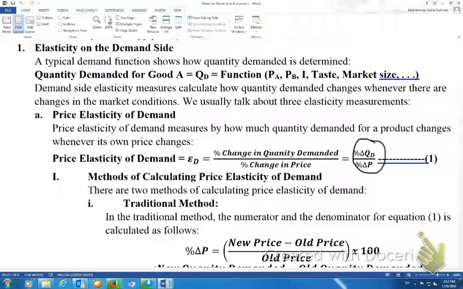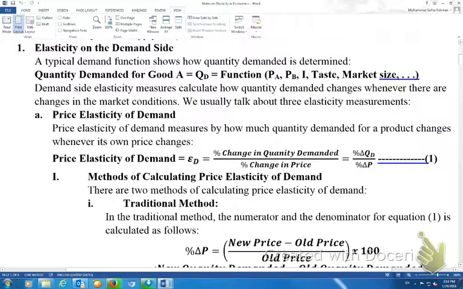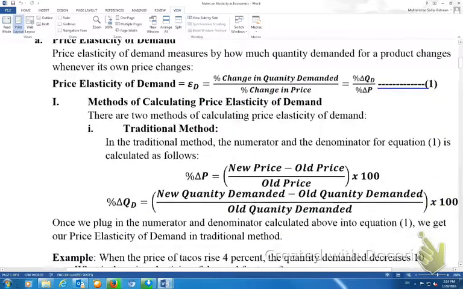So we have basically two ways of calculating price elasticity of demand. One is the traditional method, where the key difference between the two is how these percentage changes are calculated. When we look at the traditional method of calculating the elasticity, it is usually written as follows.